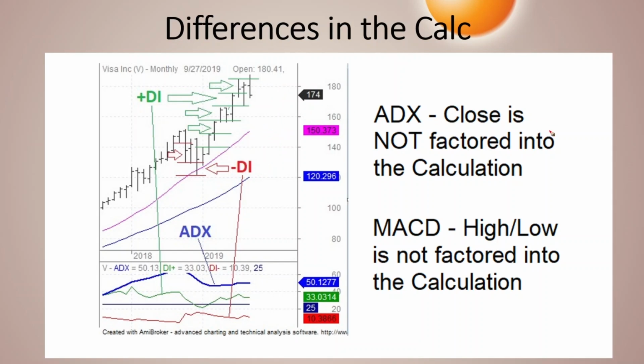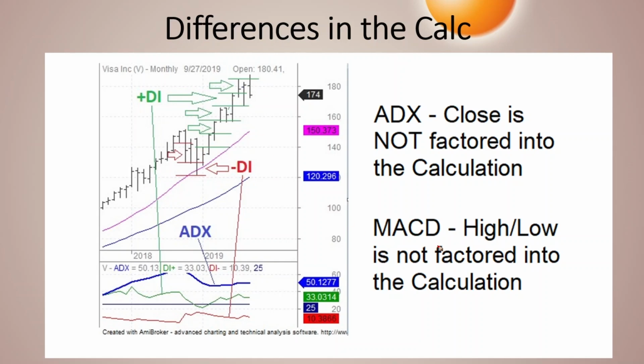Sometimes we'll get a big spike in the price action and it'll close at the low, and the stock will actually have a horrible day, but it'll affect the positive DI in a very bullish manner and make you think that the DI line and the ADX line are really bullish. That's why, again, you have to know how they're calculated, to know when you want to ignore them. So I thought it was worth spending a few minutes going through this in detail so that you could see how this progresses to the upside.